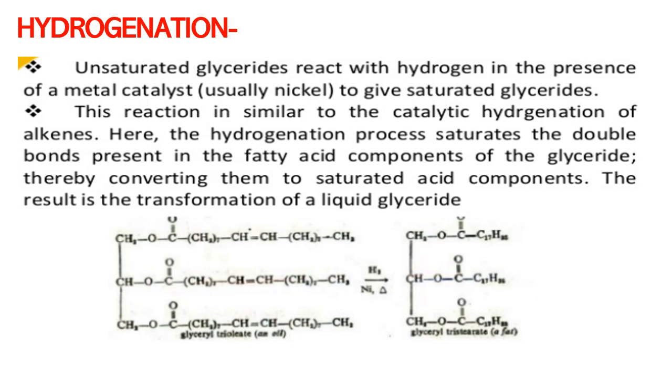Here the hydrogenation process saturates the double bond present in the fatty acid component of glyceride, thereby converting them to saturated fatty acid components. This results in the transformation of a liquid glyceride. In this reaction, glyceride trioleate, which is an oil, is hydrogenated in the presence of nickel by heating to give glyceride tristearate, which is a fat.